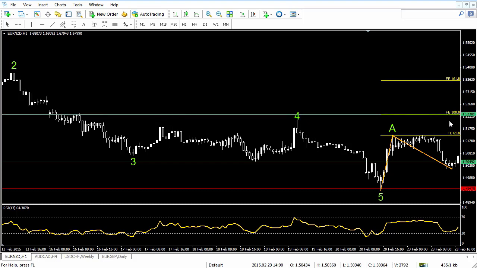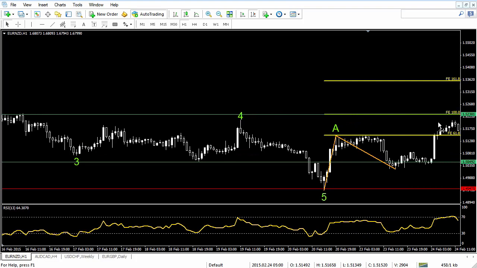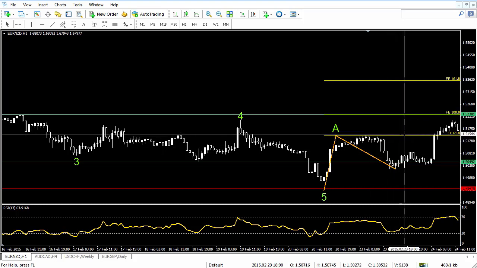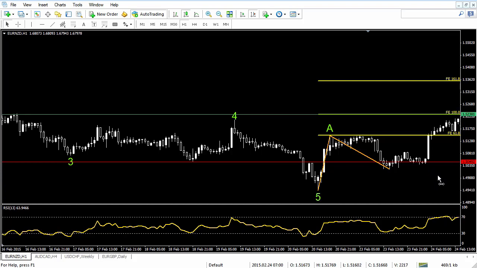And let's move on and see what market did. Market moved higher. And right now, we see that price breaks above the ending point of the wave A. And we can move the stop loss to the break even, just to create a risk-free position and see what's going to happen next.